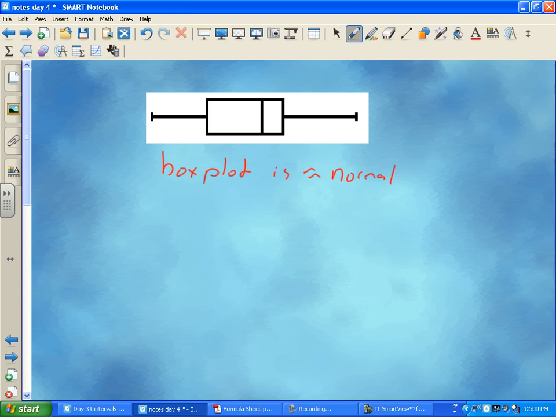So now we've satisfied our normal condition because our sample is approximately normal, so that means we can apply the t-distribution. And that's x bar plus or minus t crit times s of x over the square root of n. Again, we've satisfied our big three.